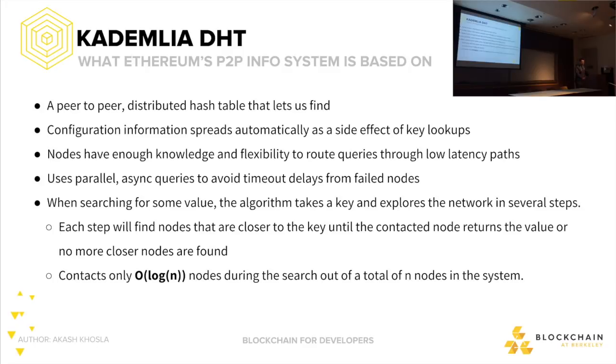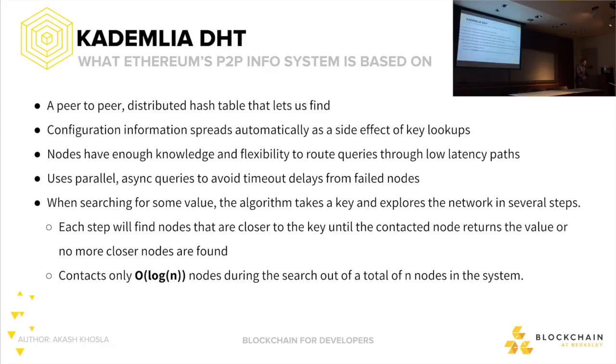Nodes have enough knowledge to route queries through low latency paths. So oftentimes whenever you're trying to find a certain key, you will be converging in log n time. So it's usually very efficient based on latency because of the data structures we use. And I'll talk about those.